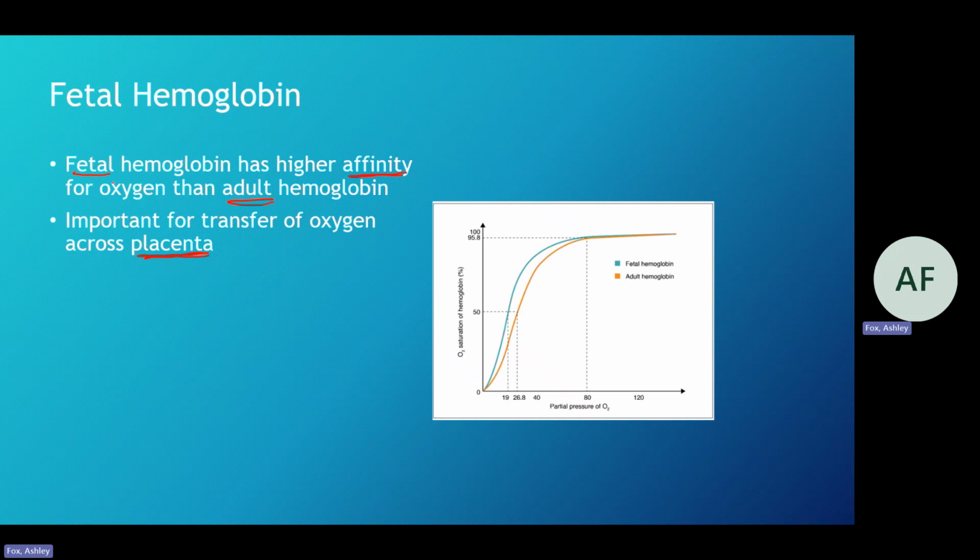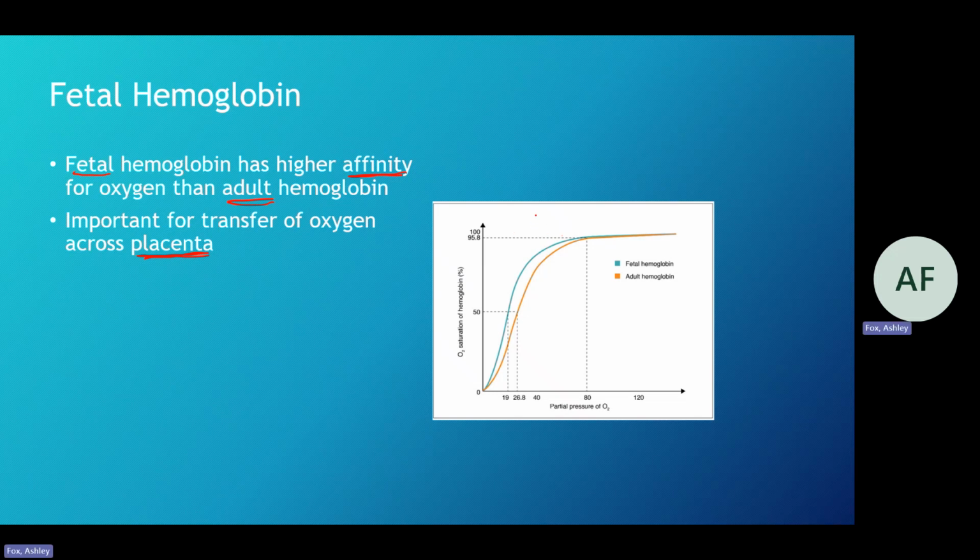So fetal hemoglobin is going to attach a lot harder to oxygen and keep it, trying to make sure that it can get saturation at lower partial pressures. So this actually shifts the curve to the left a little. At a lower partial pressure, we're getting closer to that 100% saturation with less oxygen available.